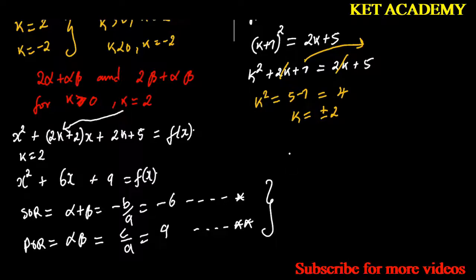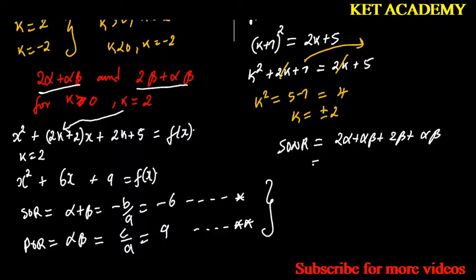We're going to say sum of new roots will be equal to, now our new roots are 2 alpha plus alpha beta and 2 beta plus alpha beta. When we sum these two, we have 2 alpha plus alpha beta plus 2 beta plus alpha beta. Doing that, we have 2 into alpha plus beta plus 2 alpha beta.